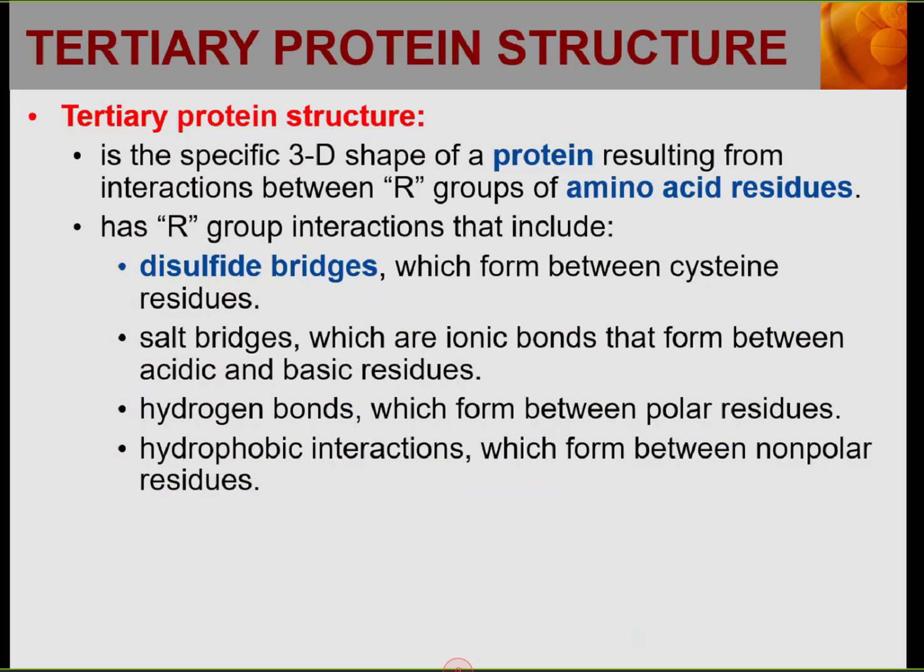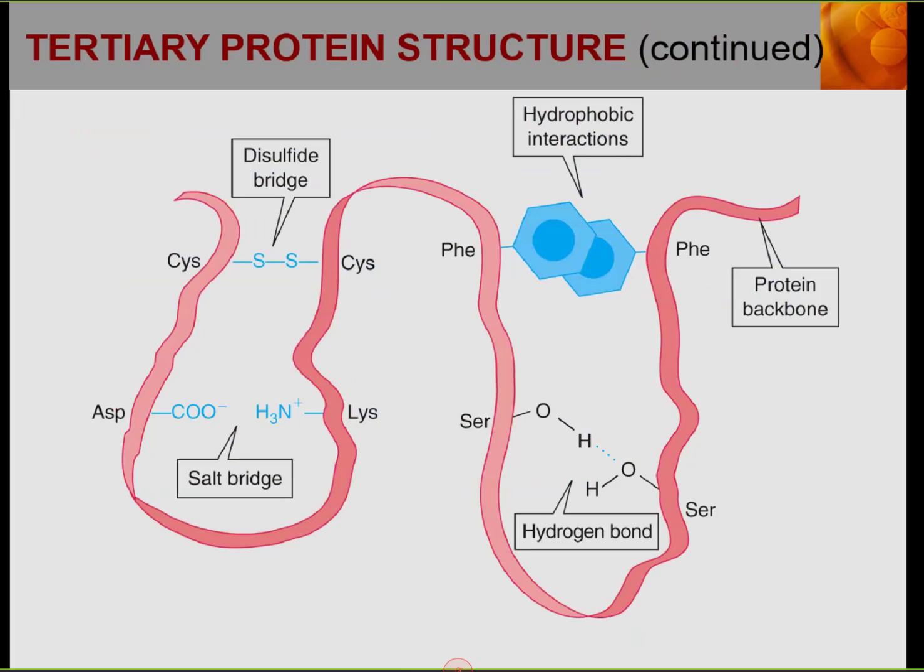So let's go through each of these in this photo. If the protein has cysteine as one of its amino acids, cysteines can react to cysteines in the same polymer and form a disulfide bridge.